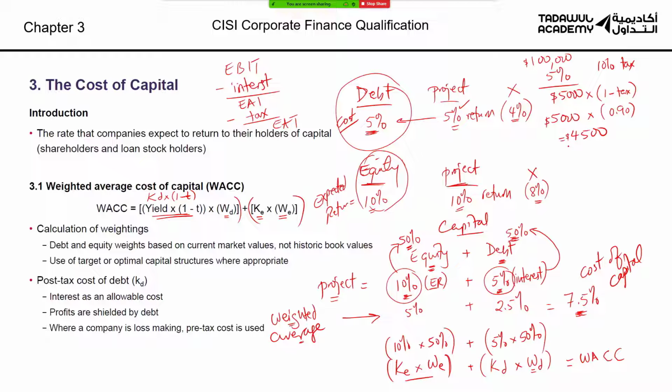So you have saved $500 in tax. So your actual cost of this debt is $4,500, which is 4.5%.